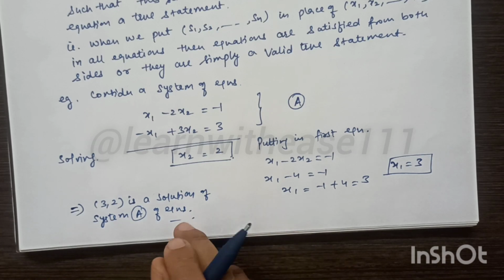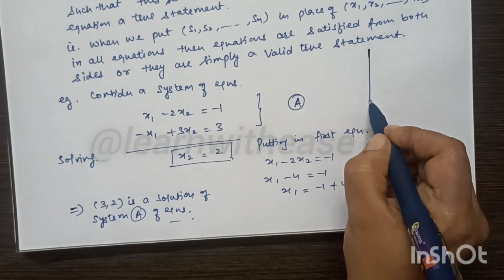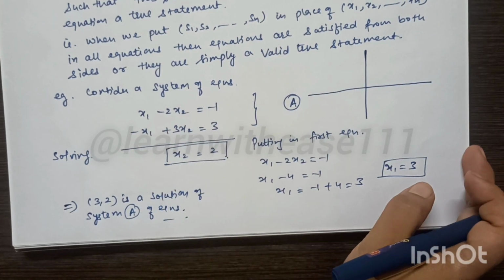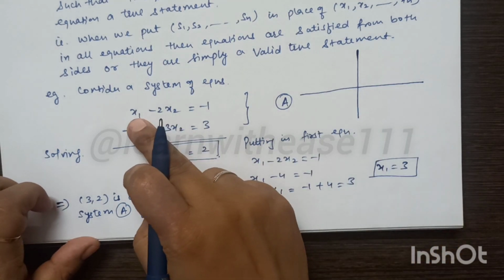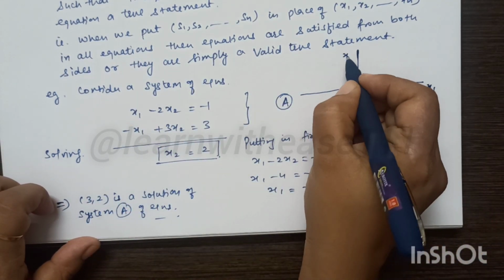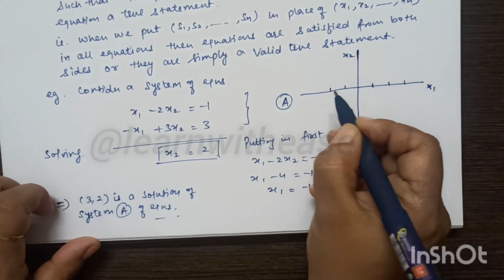And this we can find by the graphical method also. Suppose we need to draw the first line. Put x1 equal to 0 in the equation and find the value of x2, which is 1 by 2. So 0, 1 by 2 is a point.